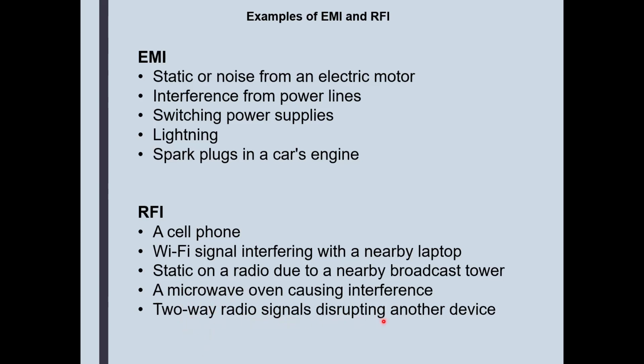Two-way radio signals disrupting another device. Yeah, that could be. There was a time in the pro audio industry, something like 15 plus years ago, when all the wireless microphone systems and any kind of wireless device, the guitar jacks, had to be retuned on account of the cellular networks expanding.